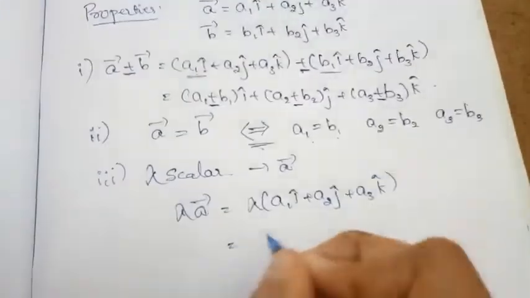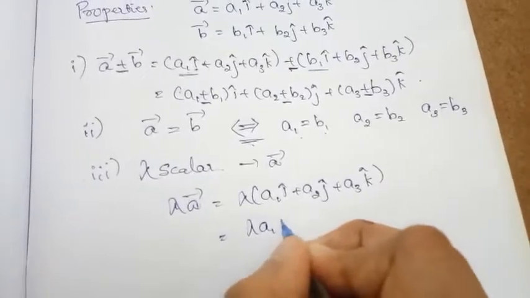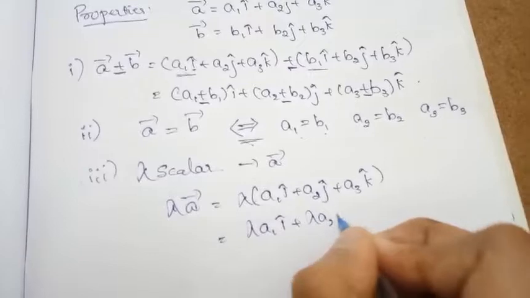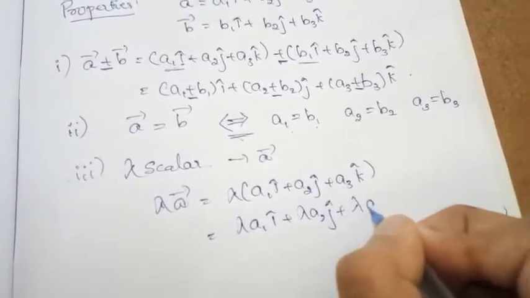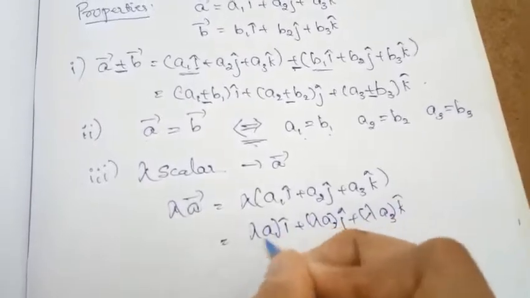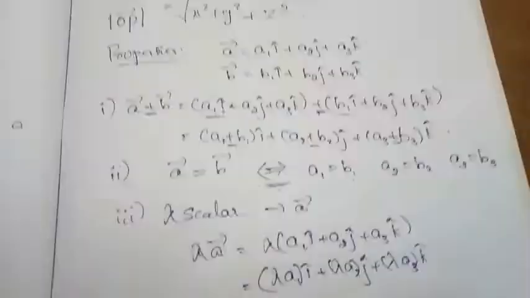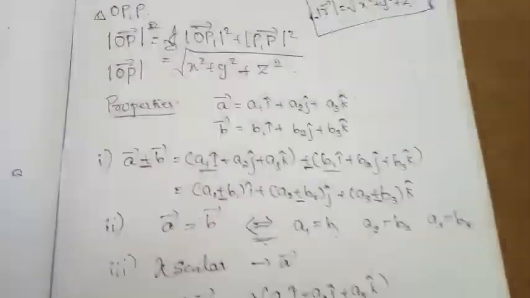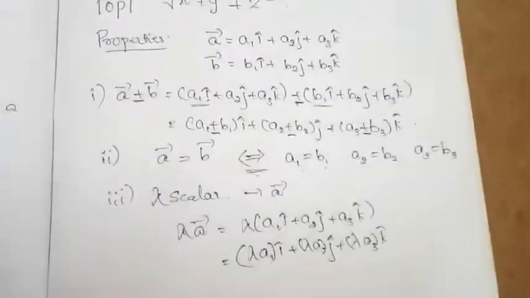So lambda is multiplied to each and every element. So lambda a1 i cap plus lambda a2 j cap plus lambda a3 k cap. So these are some of the properties which we are going to study along with the component form of the vectors.